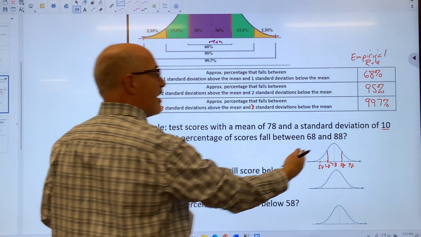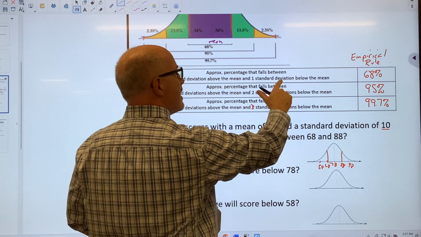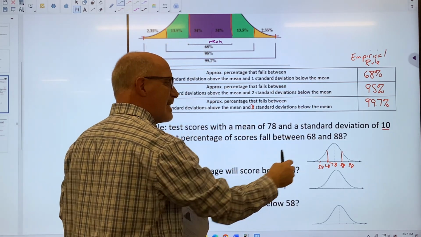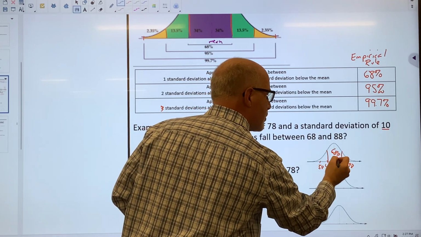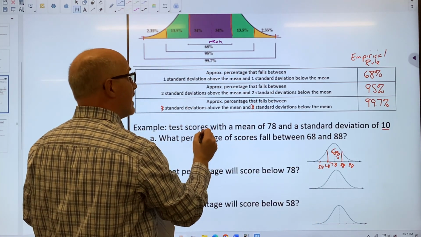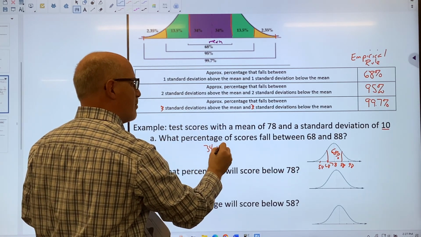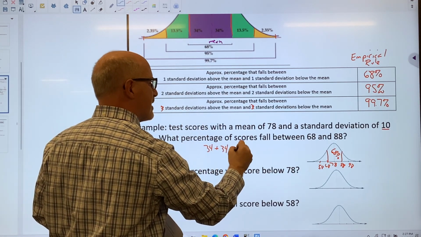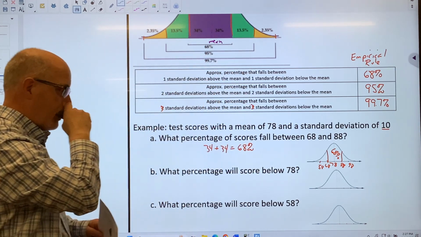So if we look at one standard deviation above the mean and one below the mean, 68% of the data should fall in this region. It's like adding that 34 plus 34 to get 68%.